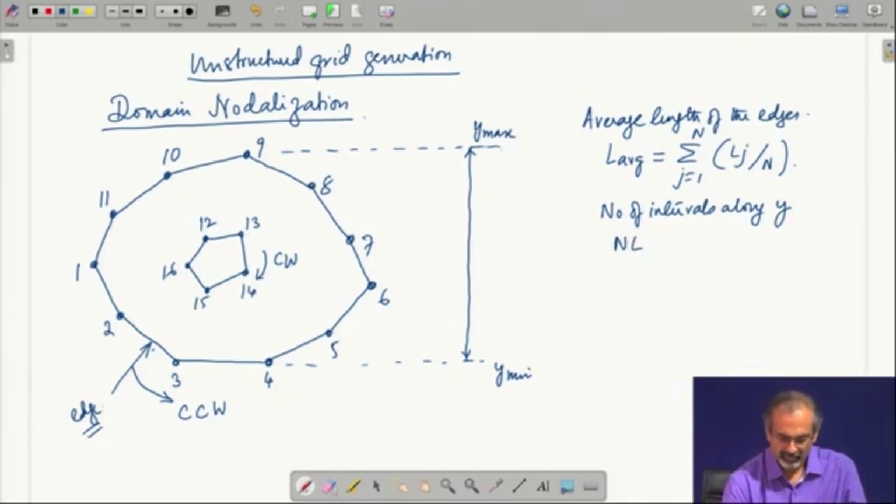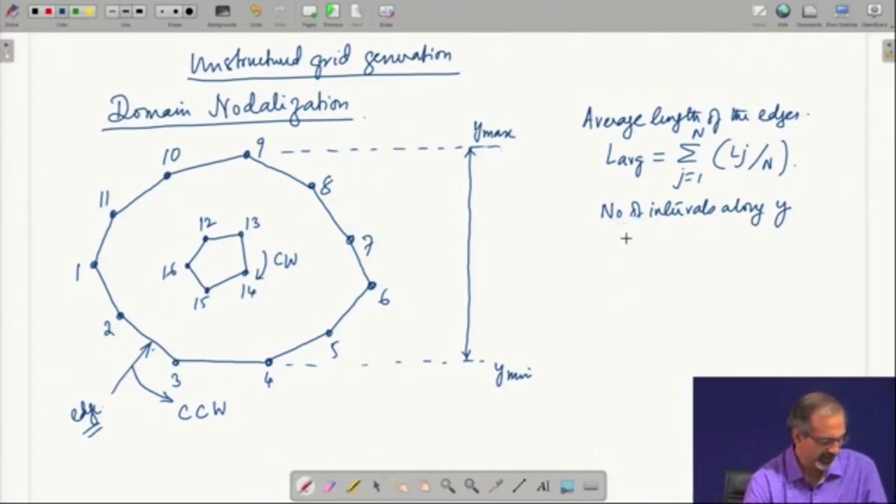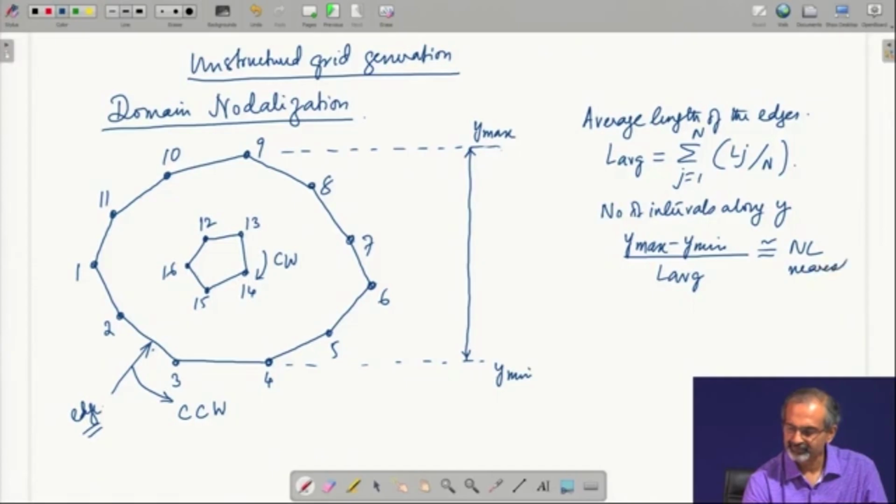So, how do we go about calculating n L? We do y max minus y min by L average, and we approximate it to the nearest integer, say n L. What does that do?